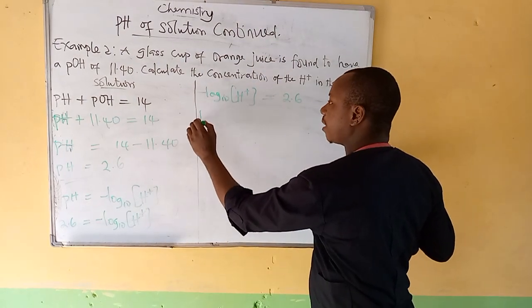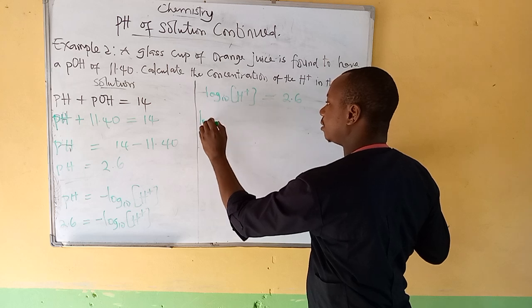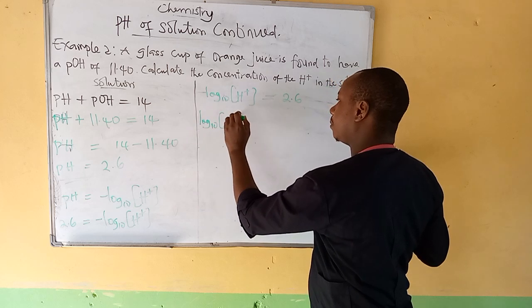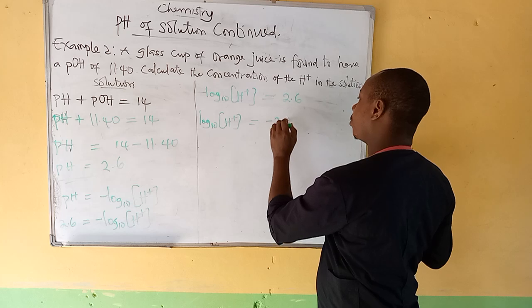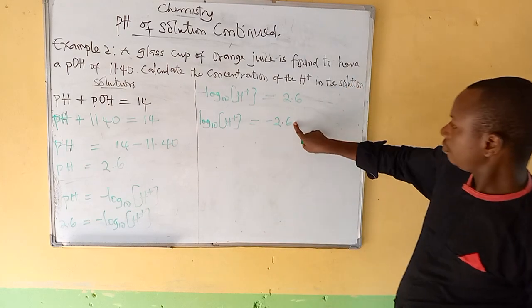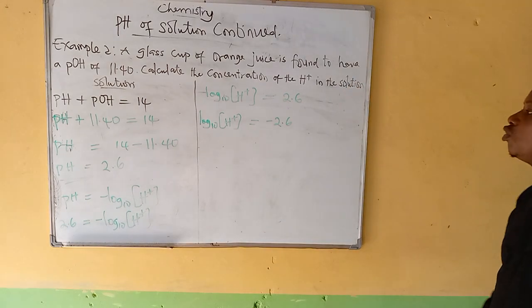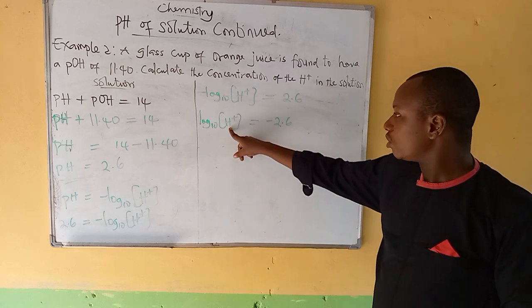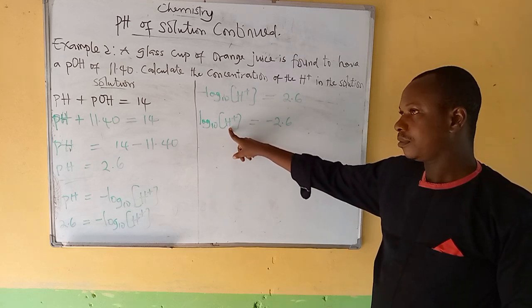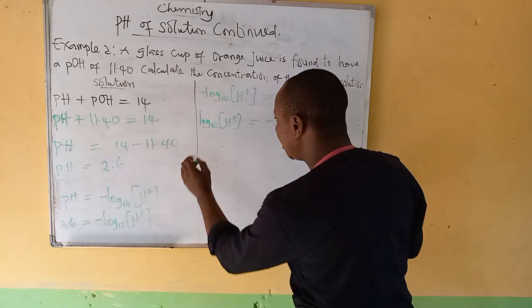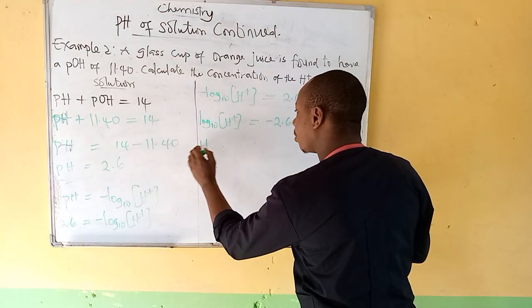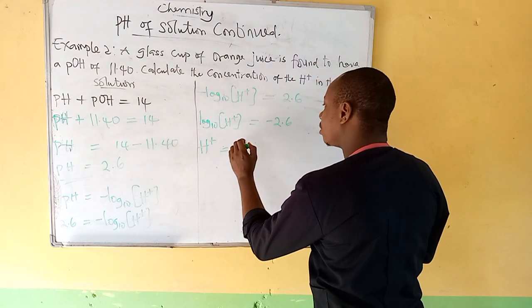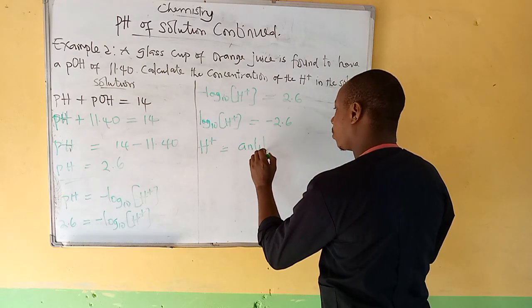If you multiply both sides by minus, you are going to get log of hydrogen ion concentration equals minus 2.6. Now, how do we get hydrogen ion concentration? It is simply the hydrogen ion concentration equals the anti-log.